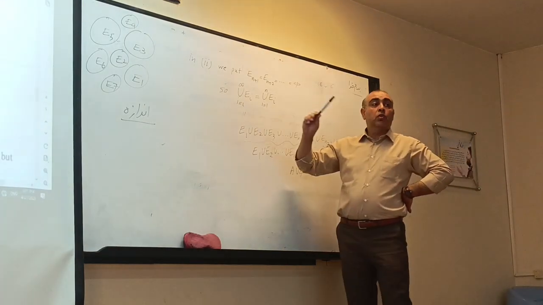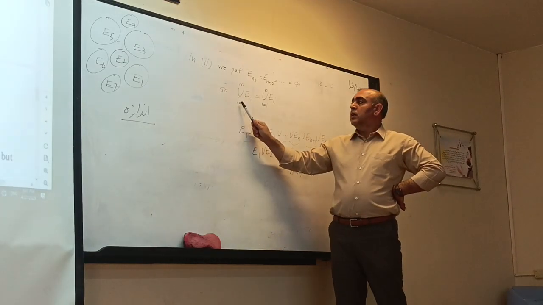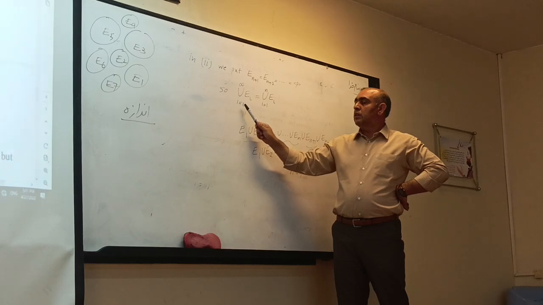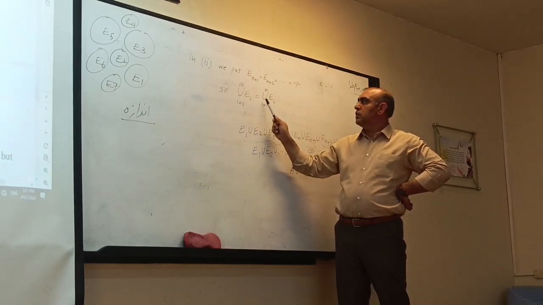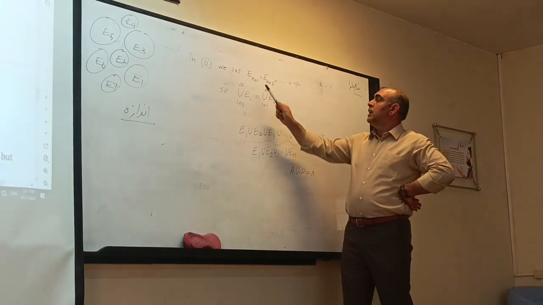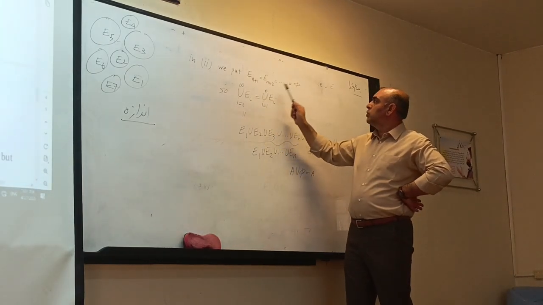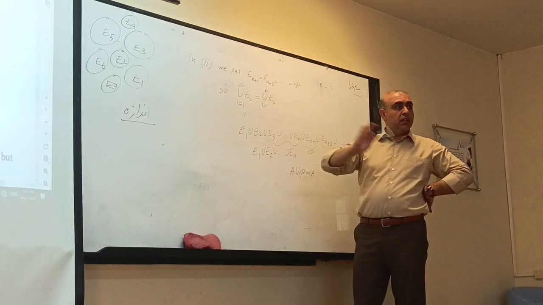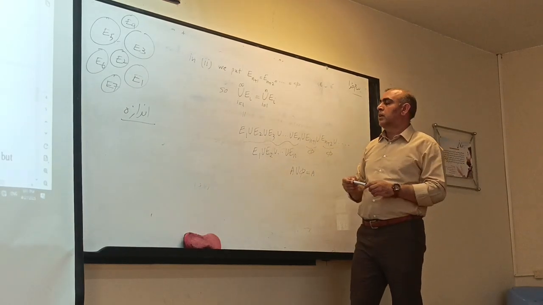So we conclude the union from 1 to infinity of Ei is equal to the union from 1 to n of Ei, because E_{n+1}, E_{n+2} and so on are equal to phi.